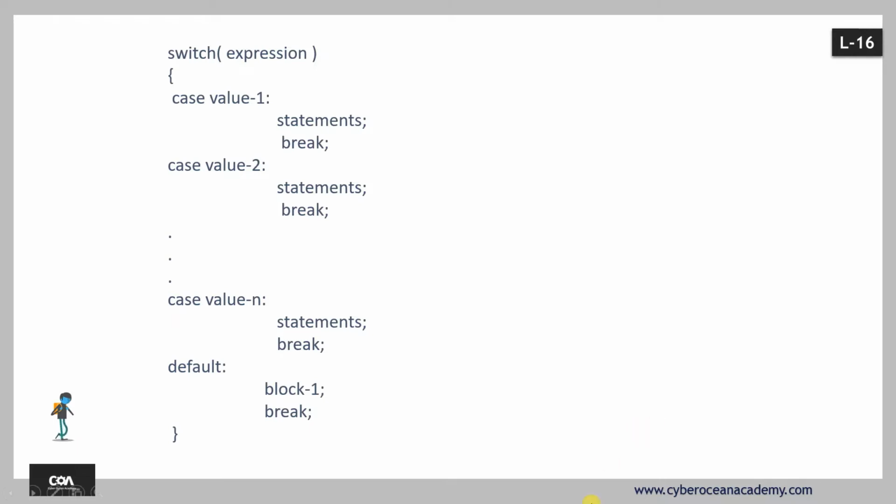So here you can see that this is the basic syntax of a switch case statement. Now I will tell you about each and every step in detail. So let's look here. This is the switch keyword, guys. You already know what a keyword is. It is a predefined word, that is reserved, so it has some meaning.